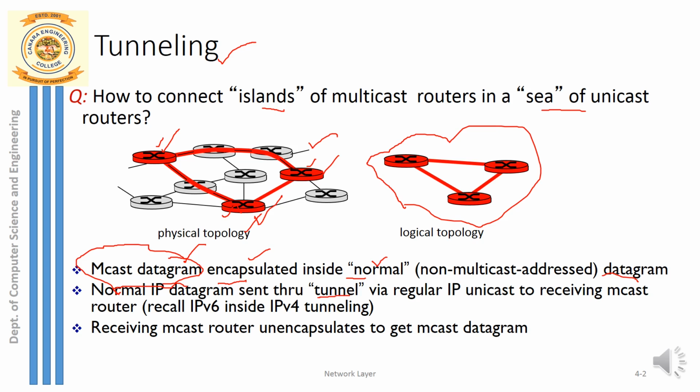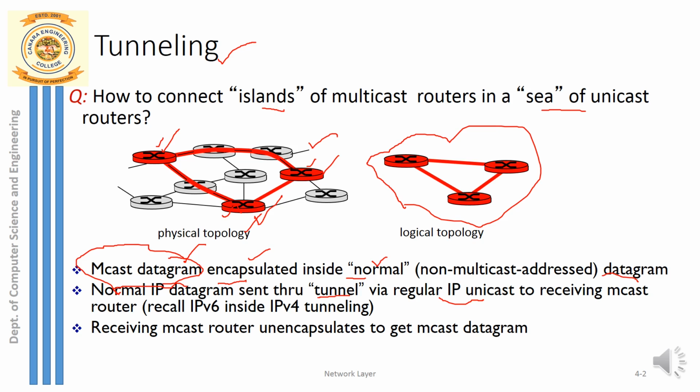What is the meaning of tunnel? It is nothing but the regular IP unicast. Regularly, the way you send packets, the same way these packets are sent through the tunnel. You call this approach a tunnel, but practically there is no tunnel available. So why do you call it a tunnel?